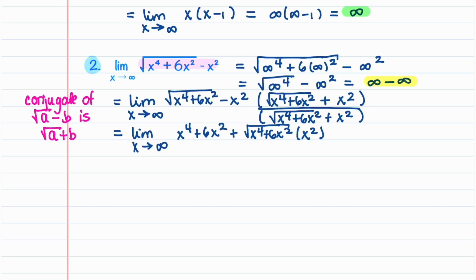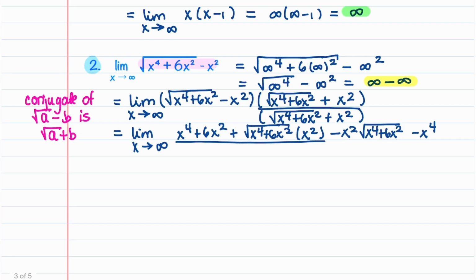Now let's multiply the inner terms. I'm going to put parentheses up here to make it easier. The inner term is minus x squared times the square root of x to the fourth plus 6x squared. And then finally our last terms, the x squared terms multiplied, which is minus x to the fourth.